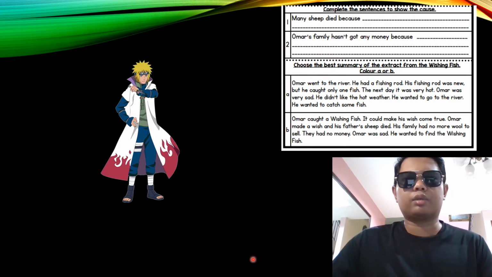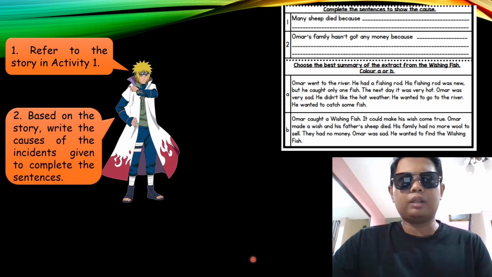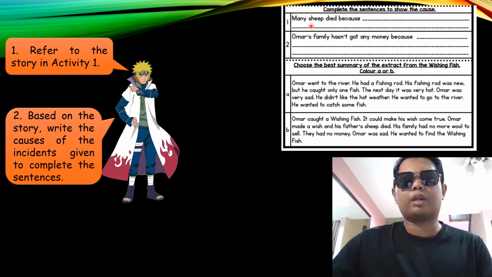We look at the exercises and how to do them. Still you are referring to the story in activity 1. Based on the story, write the causes of the incidents given to complete the sentences. Here you have 2 sentences, so there are 2 incidents.